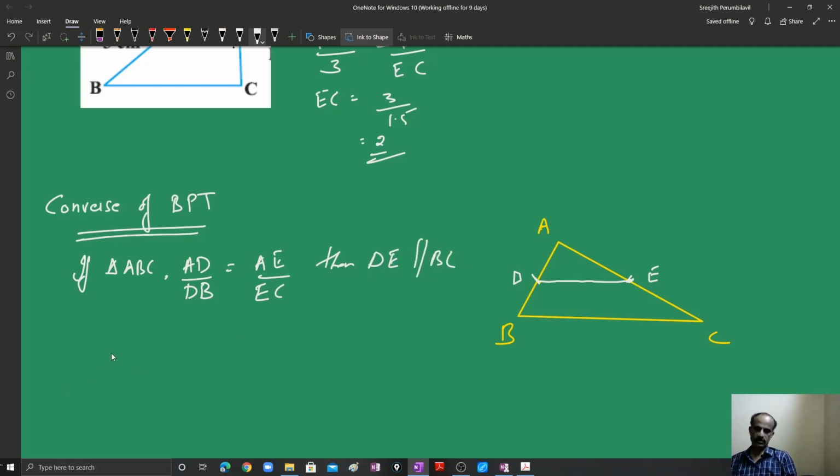This is the converse of BPT. We can start it this way: if a line divides two sides of a triangle in the same ratio, then the line is parallel to the third side. So this is what is to be proved.